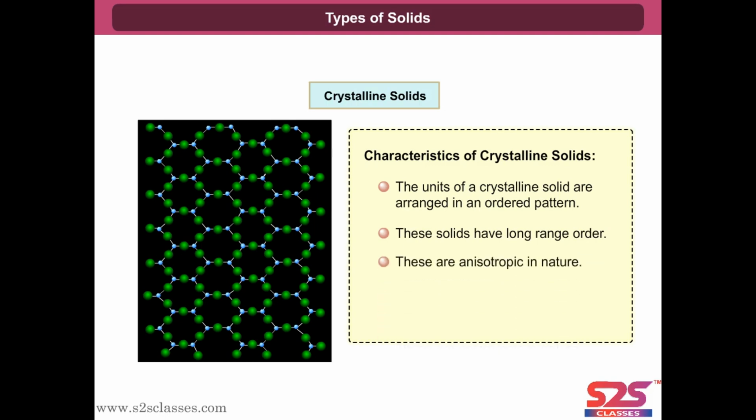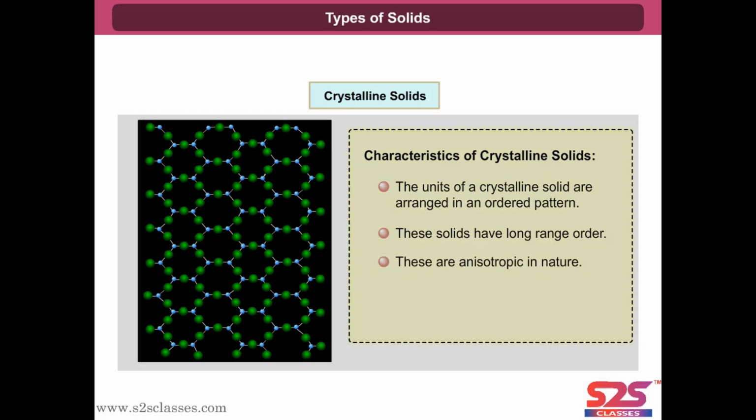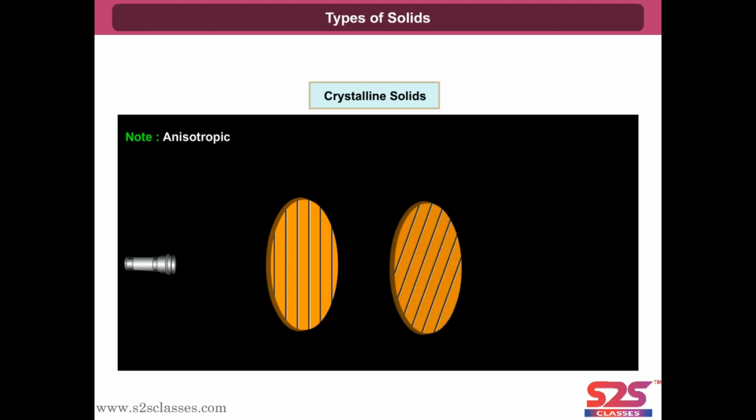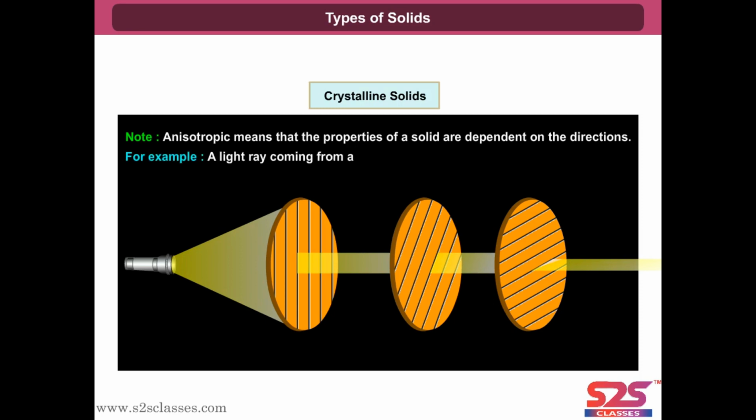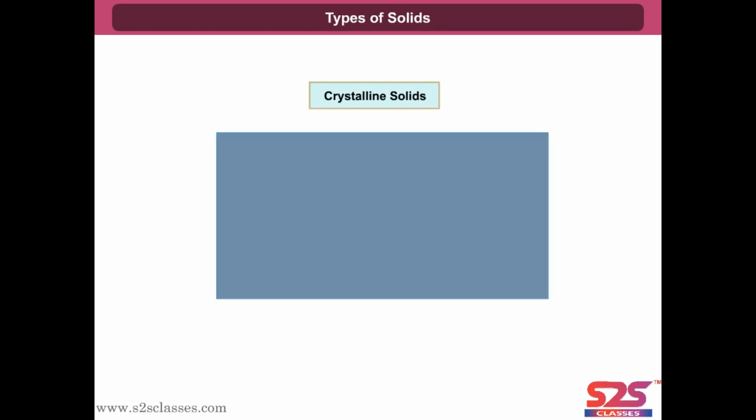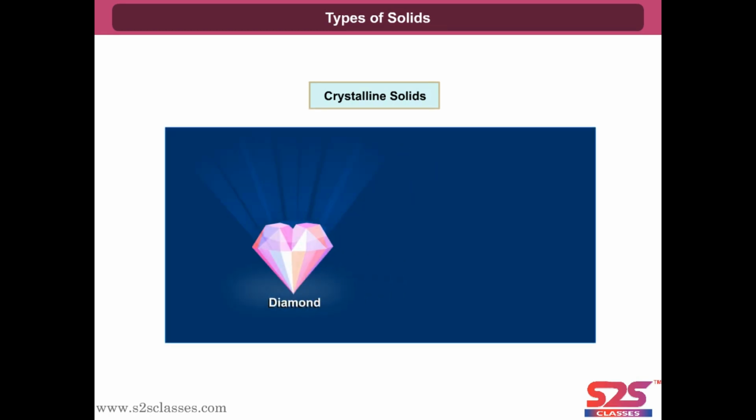These are anisotropic in nature. Note: anisotropic in nature means that the properties of the solid depend on directions. For example, a light ray coming from a polarizer shows anisotropic nature. Examples: diamond and table salt, etc.